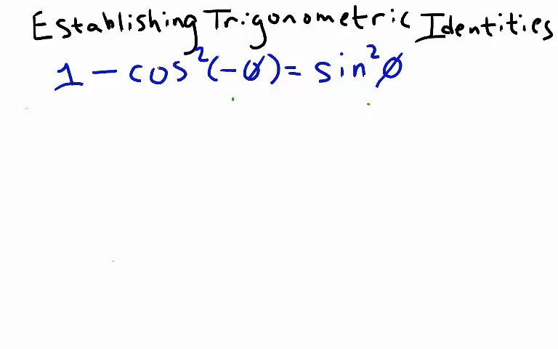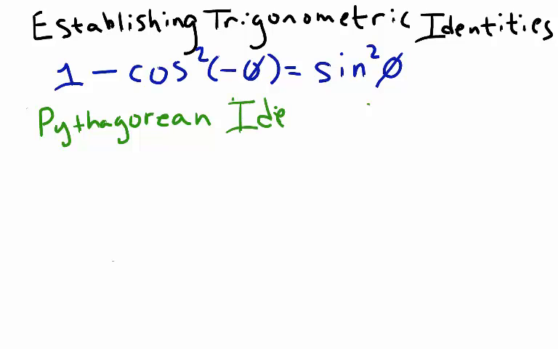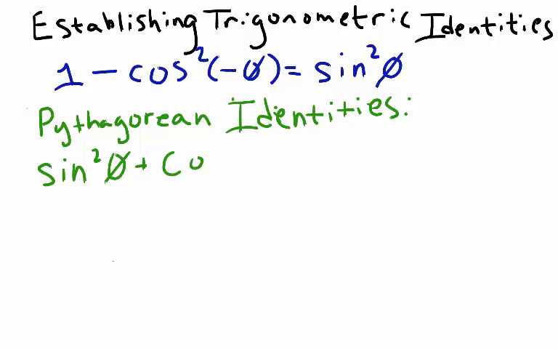You'll also want to make sure that you know your Pythagorean identities. The Pythagorean identities are sine squared theta plus cosine squared theta equals 1. This is perhaps the most well-known and most useful of the Pythagorean identities.